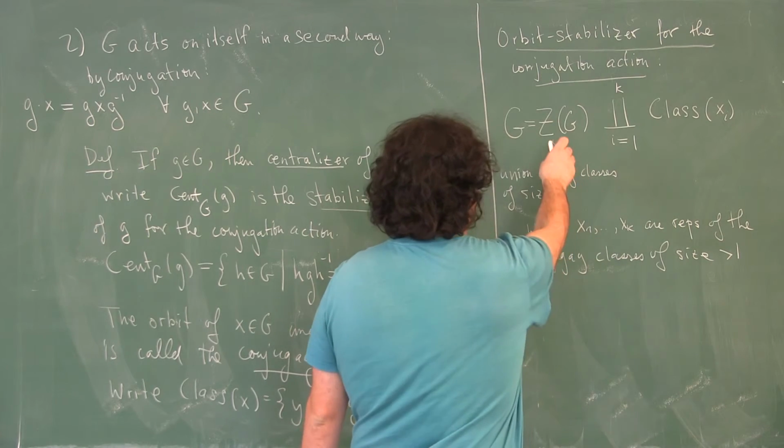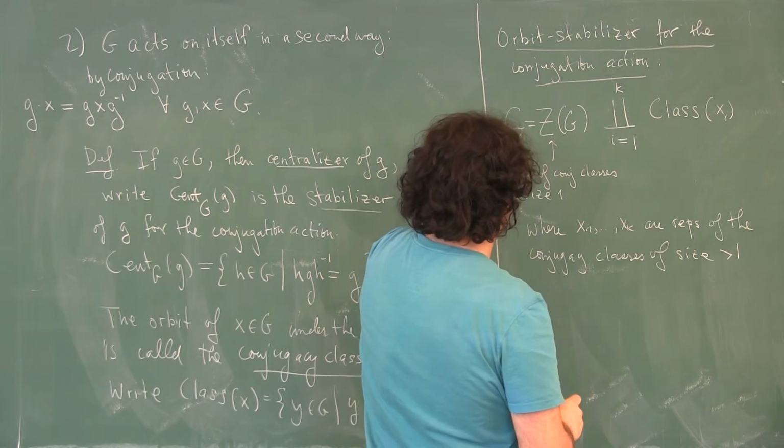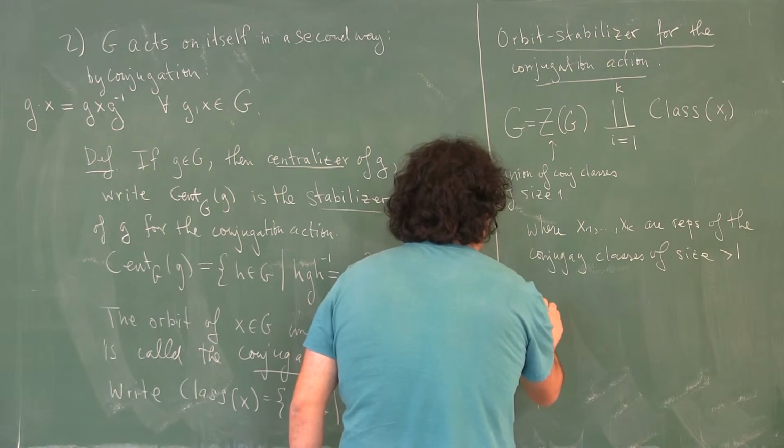And taking cardinality of both sides, we get what is called the class equation.